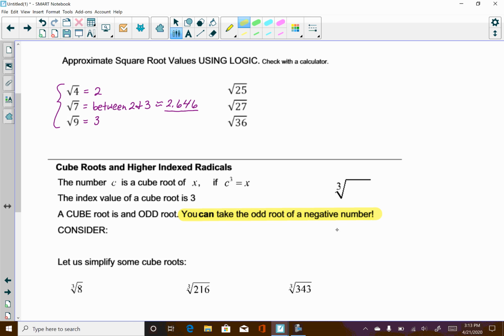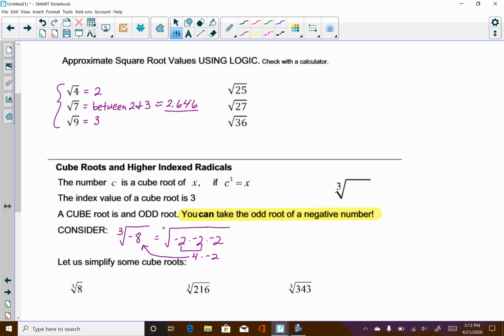of a negative number. And that has to do with the fact that, for example, if we had the cube root of, let's say, -8. Well, -8 is the same as -2 times -2 times -2. Does that make sense? Right? -2 times -2 would give you +4, and +4 times -2 is going to give you your -8.